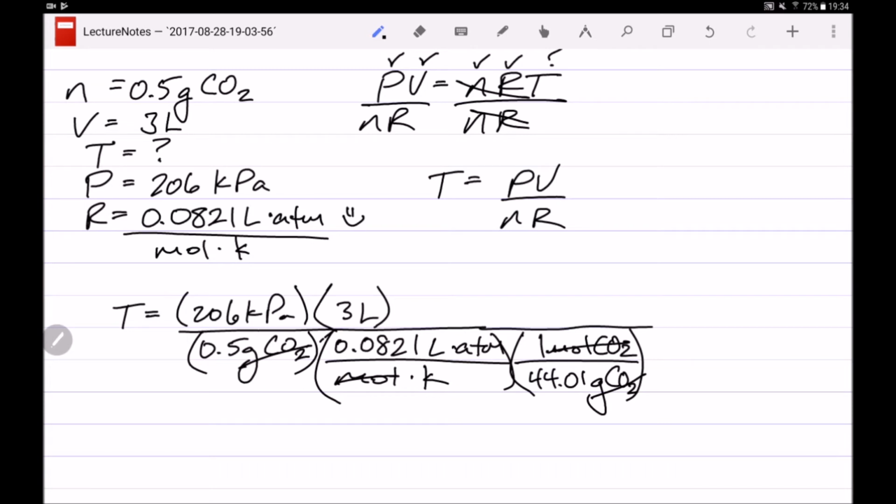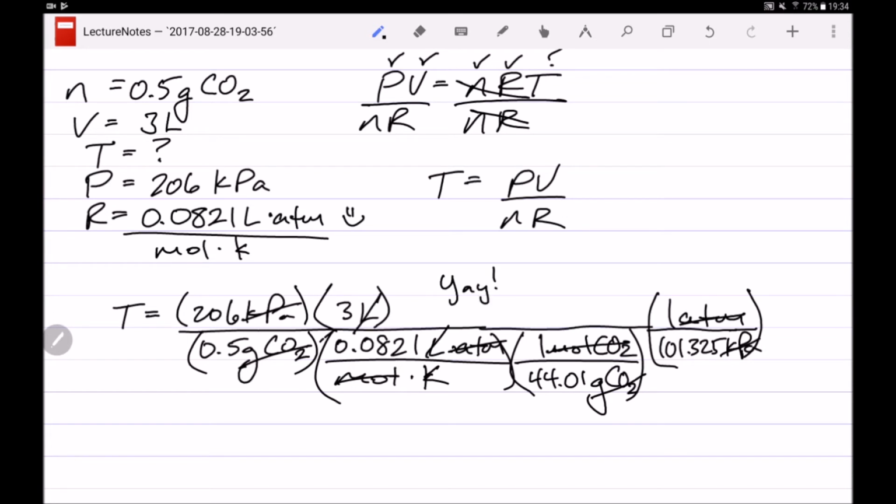And okay, and then Kelvins are the unit that we want, and kilopascals have to cancel with atmospheres. So I guess we're working with this fraction line here. So we have 101.325 kilopascals for every 1 atmosphere. So atmospheres cancel with atmospheres, and kilopascals cancel with kilopascals. Oh, and liters cancel with liters.